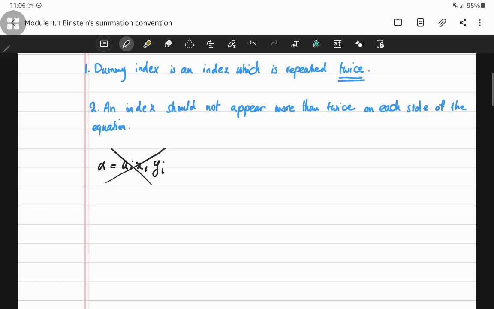So if you want to write something like this expression, then you have to write it like this: a_i, x_i, y_i, with a capital sigma, where you say i starts from 1 and goes to 3 or to n, for example. This is the correct way. So if you want to write something like this, you have to put this capital Greek sigma here beforehand.